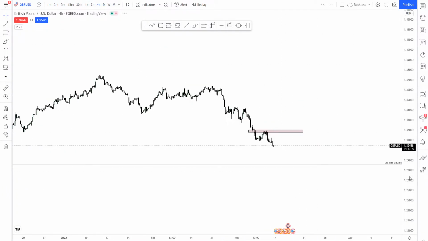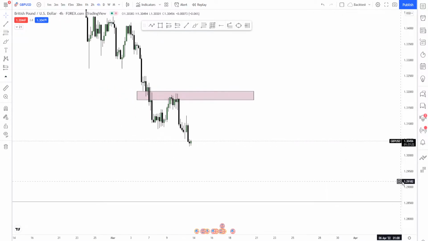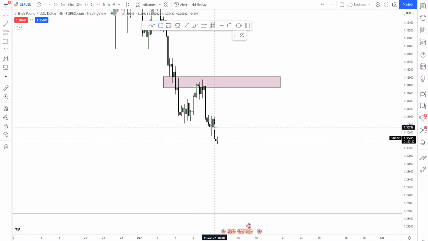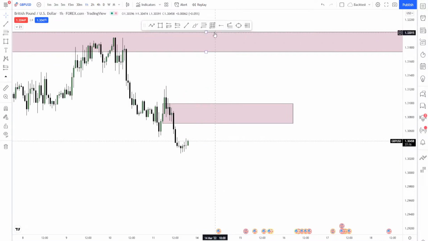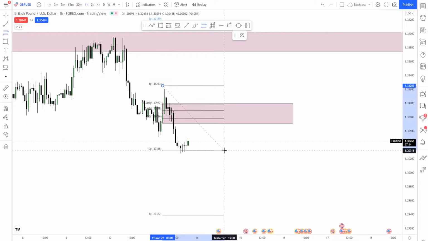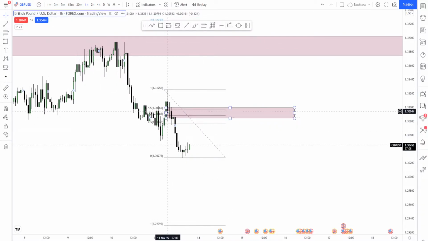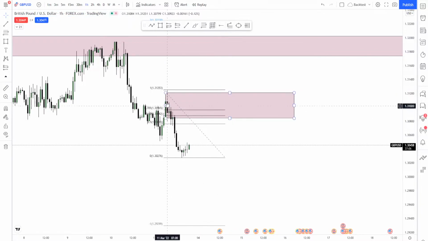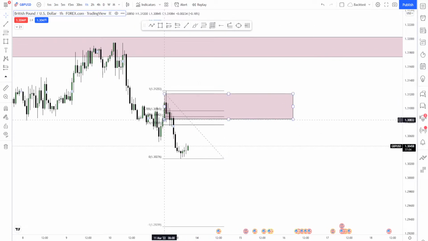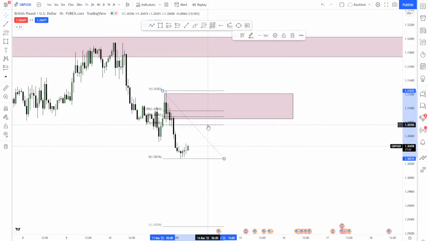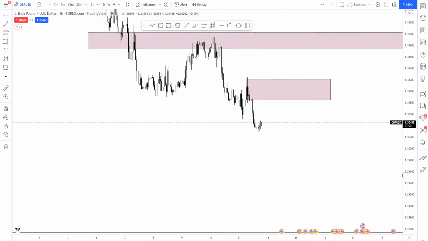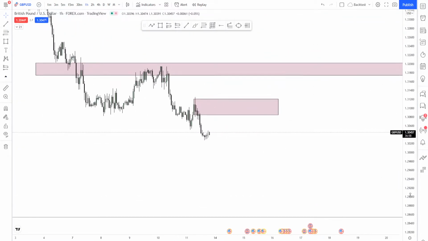Let's look for where we could possibly look for an entry right here for our order block. If we do the same thing that we did on EURUSD, the OTE, we can see 0.62 level right here is where we'd want to have a trade or look to enter, and then you just target down here.